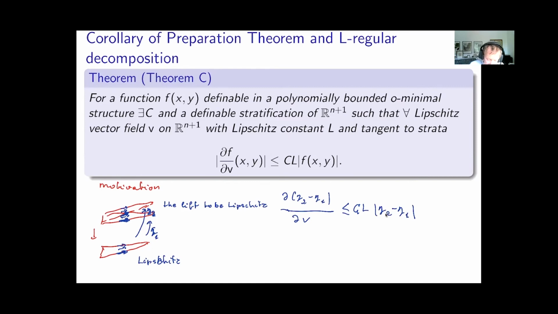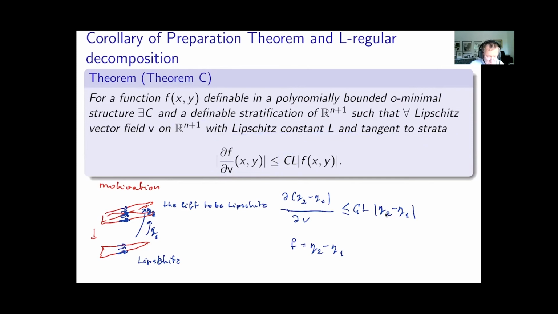So this is exactly the statement of the theorem for F equals this. Then there exists a stratification. I do not claim any properties of this stratification, such that any Lipschitz vector field tangent to strata with Lipschitz constant L lifts to a Lipschitz vector field with a constant which is controlled.